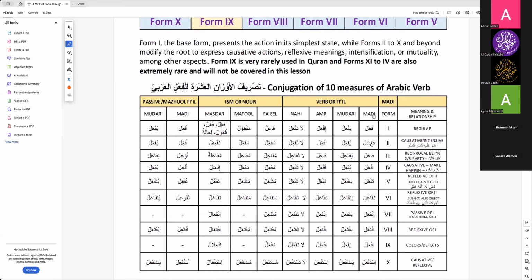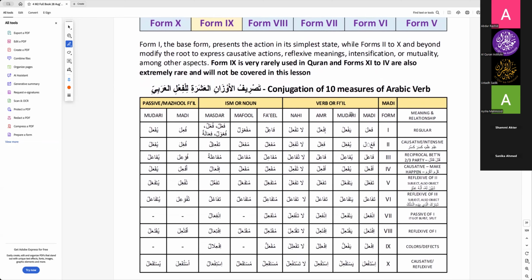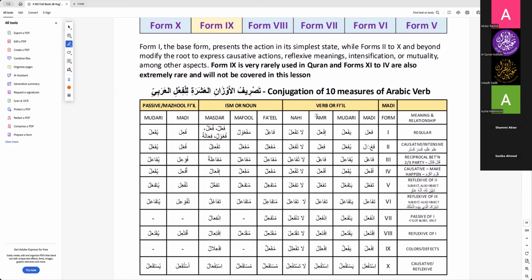So these lines here, madi, mudari, amr, nahi, they are verb or fi'l. We know what madi is, and we know what mudari is. We know what amr is, and we know what nahi is, because it's already been explained in module 1. Also, we know isim or noun like fa'il, maf'ul, and masdar, which we also touched on in module 1, lesson 34, and madi majhul, the passive, and mudari majhul is here.